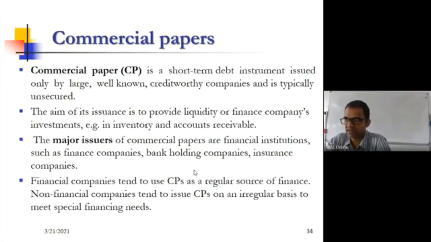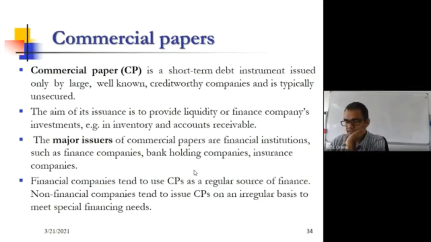Again, these are tradable, discounted instruments, issued at a discount. The borrower promises to pay the face value on the maturity date, with no other interim cash flows between the issuer and the investor. So almost the same as the treasury bill.